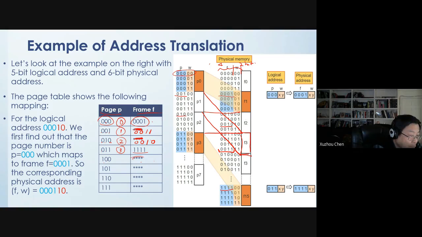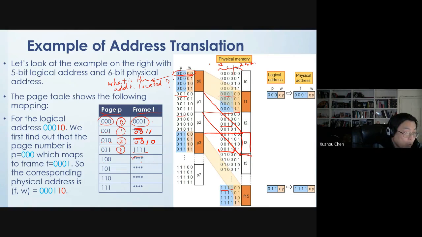So where is the physical memory address for this? We need to look at the page table and ask, what is this address located at?